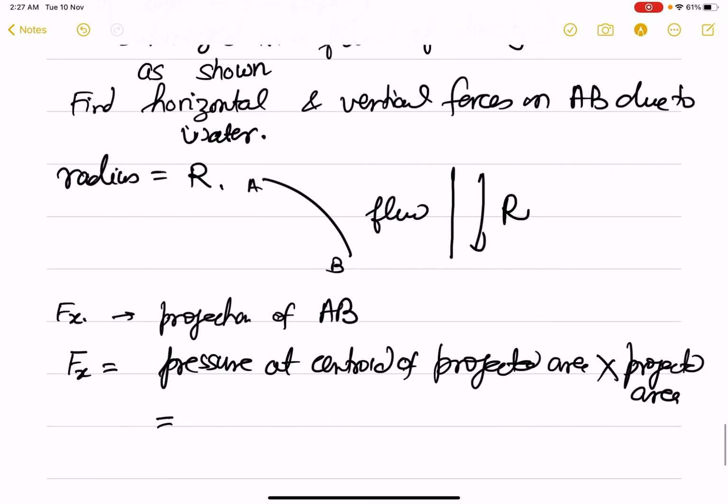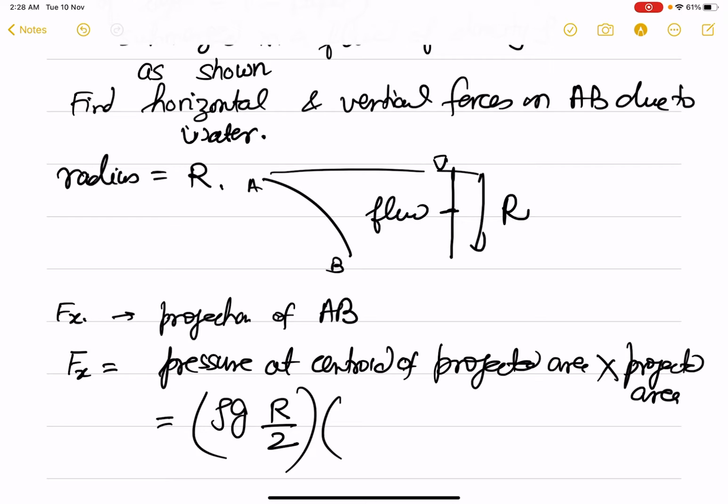So this will be equal to rho g times R by 2. Pressure at this is, depth is R by 2 from the free surface. So therefore this is rho g times R by 2 times the projected area, which will be equal to R times L. This is Fx, and this will act on the gate in the minus I direction.